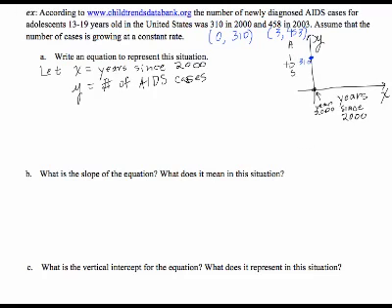Okay, and then since I do know my y-intercept, I'm going to go ahead and use the slope-intercept form and just find the slope.